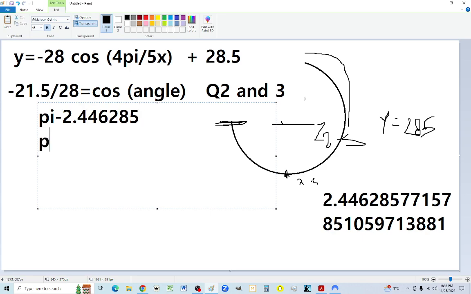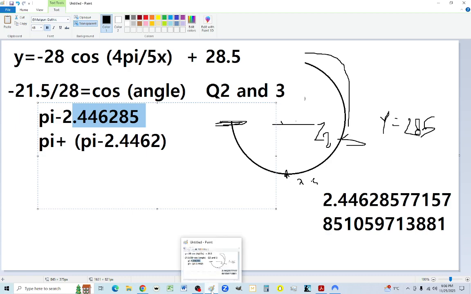Then we take pi and add whatever that was to find the quadrant 3 angle. This will find our quadrant 3 value. We've already found our quadrant 2 value, it's 2.44. So let's find our quadrant 3 value.